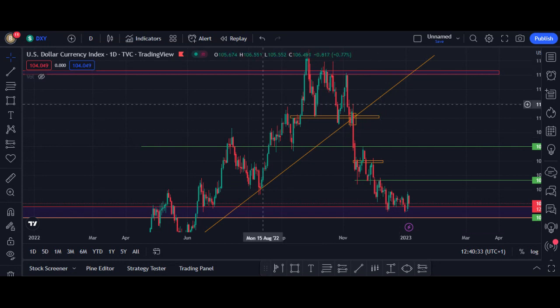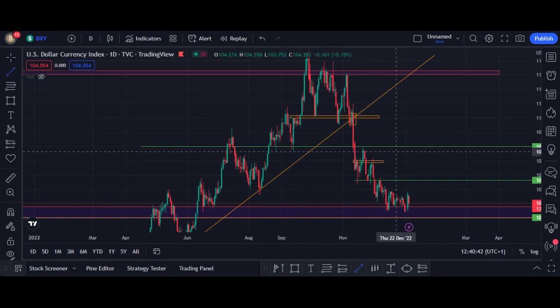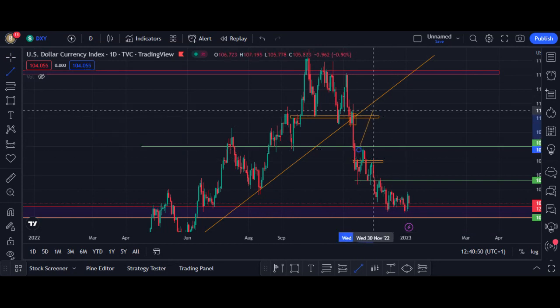So looking at what price action did here, price went here and then reversed. And the moment price reversed, what were we expecting? Normally, when we have a break of a neckline, it's always safe to wait for a pullback to the neckline before entry.